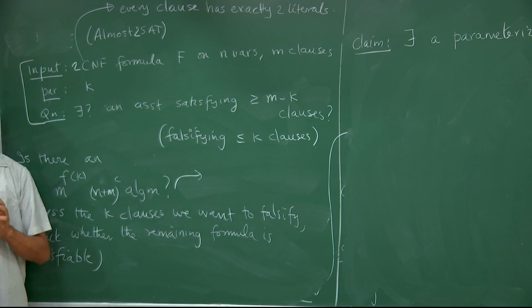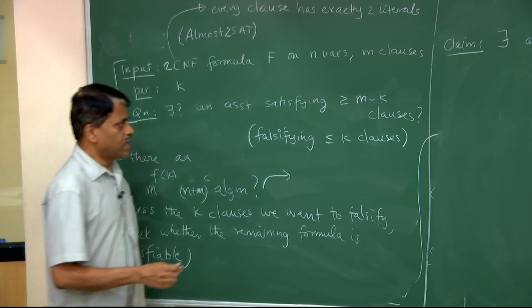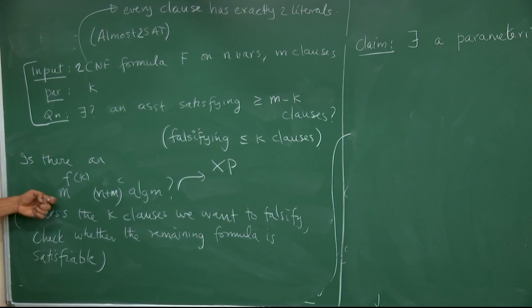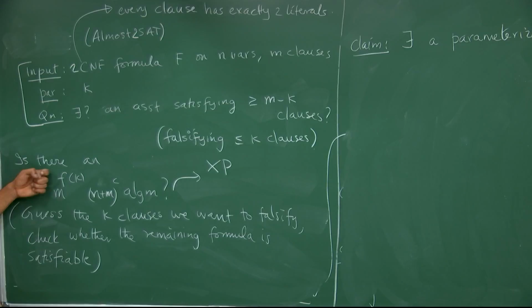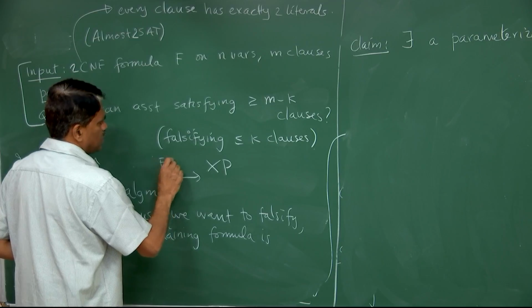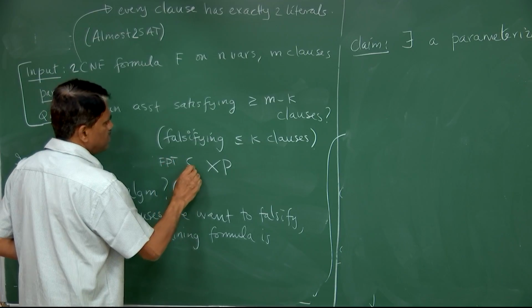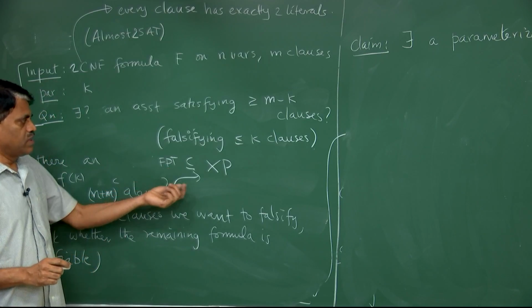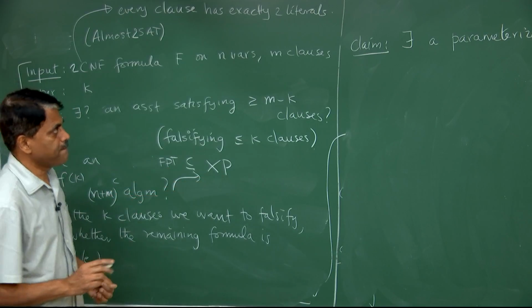FPT stands for the class of parameterized problems which are fixed parameter tractable, and this is called XP, a class of problems for which you have such an algorithm where f of k is at the exponent. So FPT is contained in XP, because this is an even stronger notion than what you are demanding here.